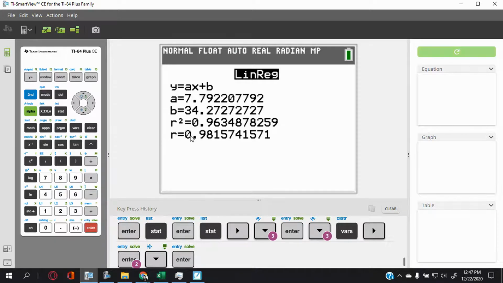Again, slope is not the correlation coefficient. Don't get those two mixed up, because a correlation tells you how strong the relationship is between x and y from the table. So it's very, very strong in a positive direction, because it's almost positive 1.